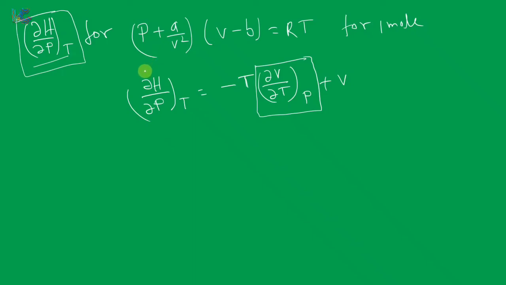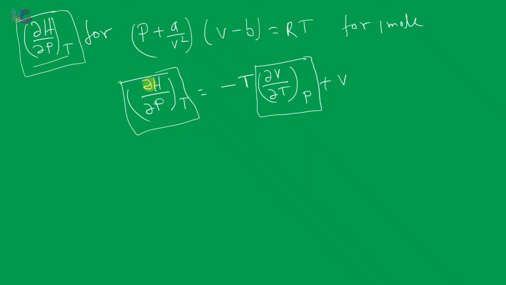So in this video I will not derive it, but if you think the derivation is important for you, then you can comment, and I will separately make a video where I will derive each and every step, that how you can get this term ∂H/∂P at constant T.